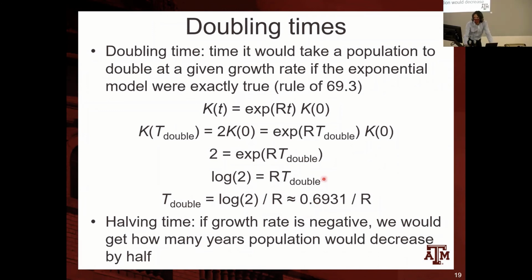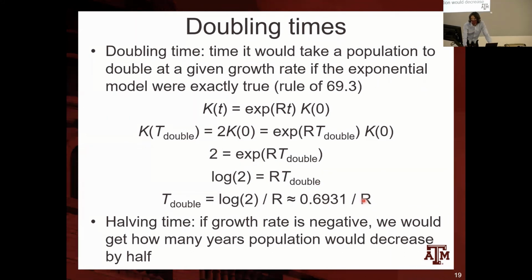But this one is called the rule of 69.3 because we get log of 2, 0.6931, and divide by the current population growth rate. And then it's going to give us how many years it would take for the population to double in size if this growth rate remains the same in these next years.